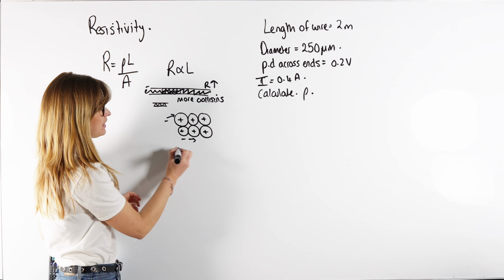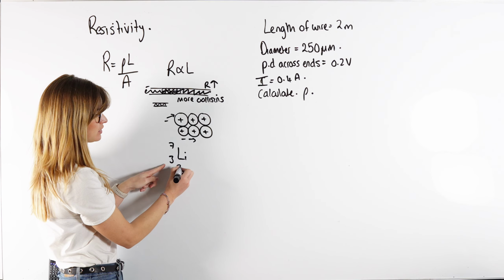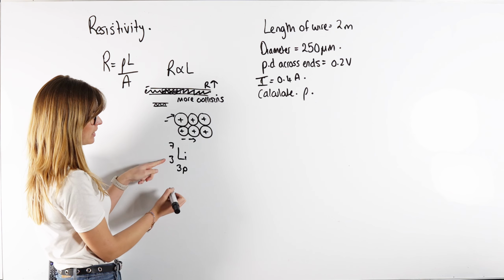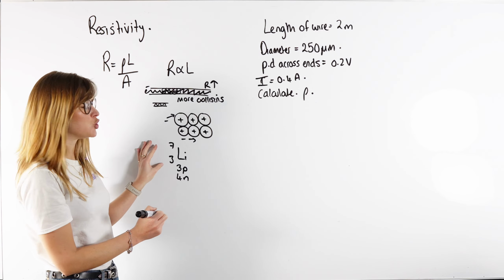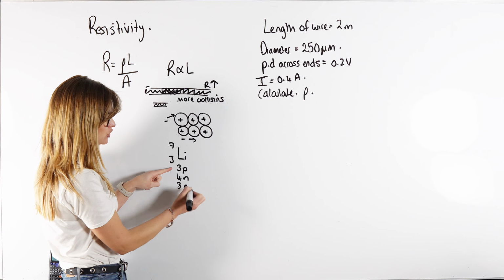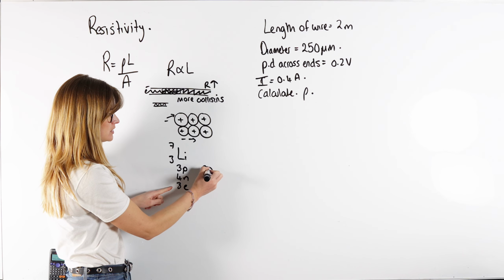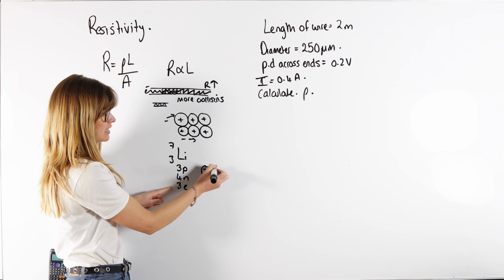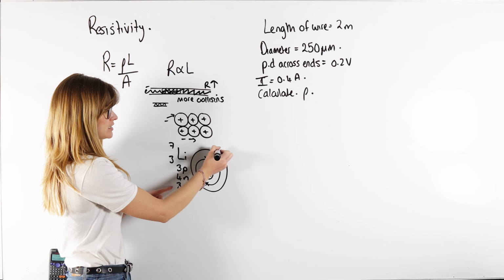Let's imagine you had lithium on your periodic table. Lithium on my periodic table tells me that the bottom number is 3 protons. 7 minus 3 is 4 neutrons. And because it's a neutral atom, it's going to have equal numbers of positive protons and negative electrons. So when we draw this atom, you've got your 3 protons and your 4 neutrons in its nucleus. Like at GCSE, we draw 2 electrons in its first shell and 1 electron in its outer shell.